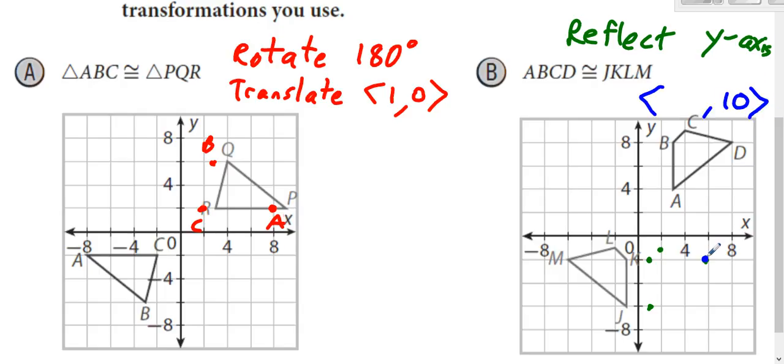And to the right, that'll be 2 units. Alternatively, you could have done the translation first. You would have had to move it a little bit to the left and up a whole bunch and then reflect. It would have worked out the same way. I prefer to save translations for the end. I think it's easier.